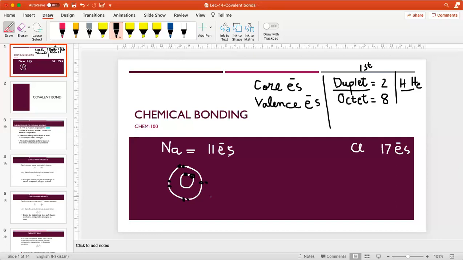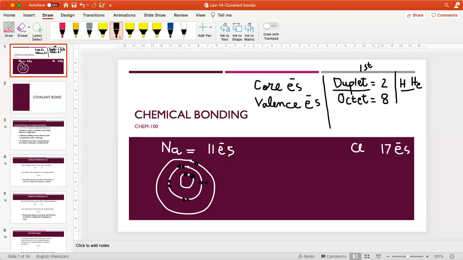Now, if I count all these electrons, there are 10 electrons accommodated and 1 electron is left. The maximum capacity is 8; I cannot fill more than 8 electrons in the shell. The first shell has the capacity of 2 electrons, and the other coming shells have the capacity of 8 electrons. Then I go for the third shell and put the remaining 1 electron over here.